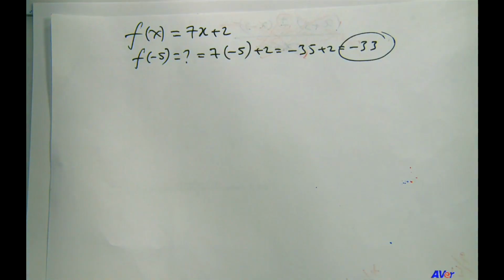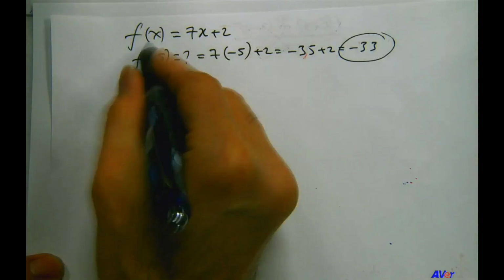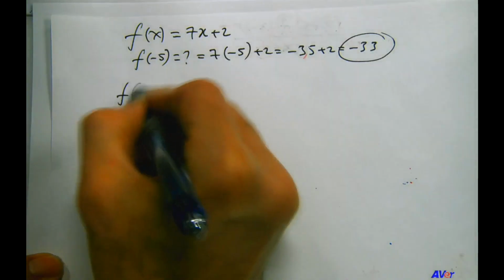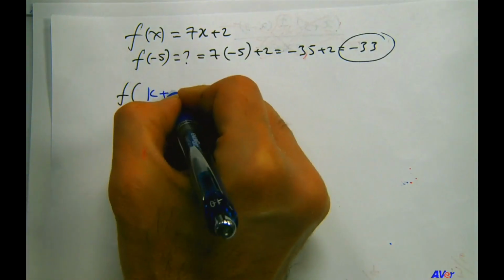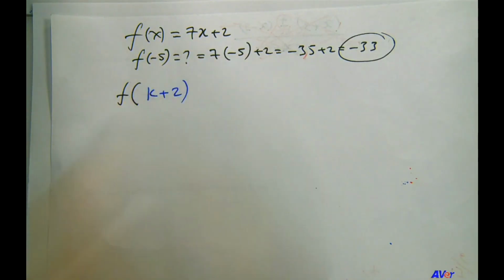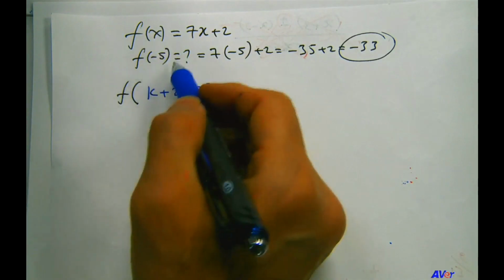Every single person gets this correct, right? But what happens, maybe you can tell me, once I say, find the value of this function at k plus 2? Everybody thinks, wow, how am I going to calculate this? This is no different than calculating that function at -5.